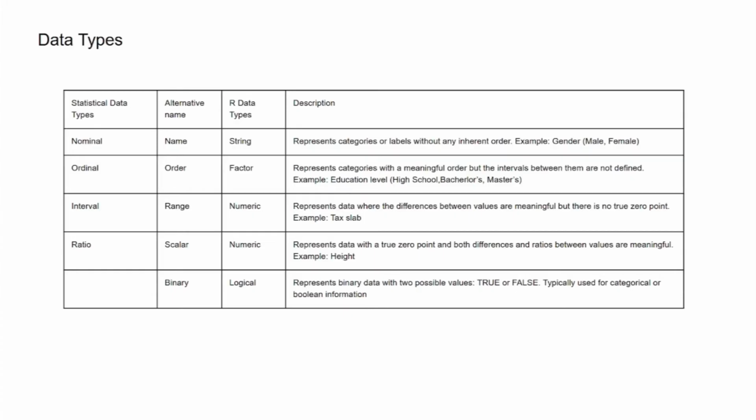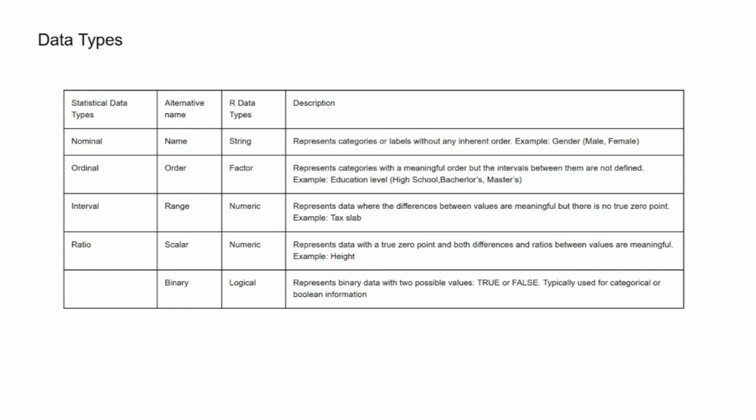Okay. Now comes the interval. Our tax slabs, 0 to 5 lakhs, 5 to 10 lakhs, 10 lakhs and above. So whether you are at 8 lakhs or 6 lakhs, you fall in the same slab. Okay. Now here we have more information, because in ordinal, 1 and 2 can differ by 1 mark and 2 and 3 can differ by 10 marks.